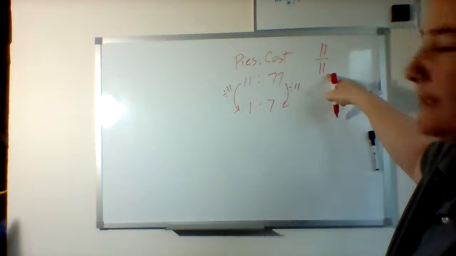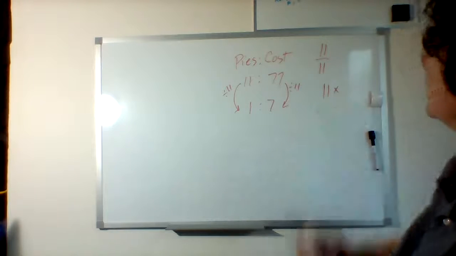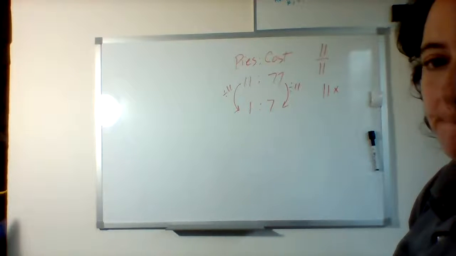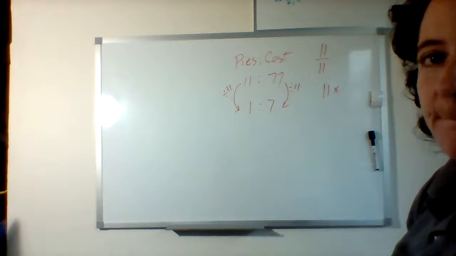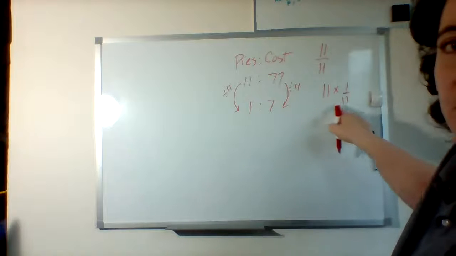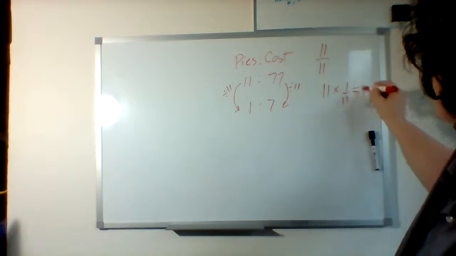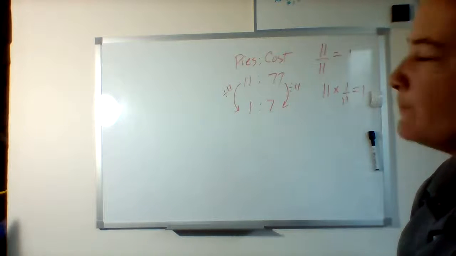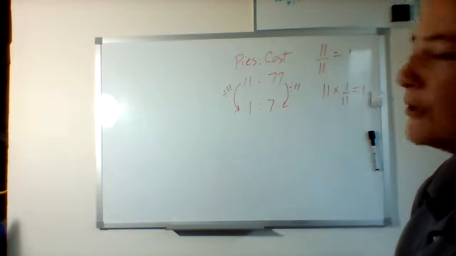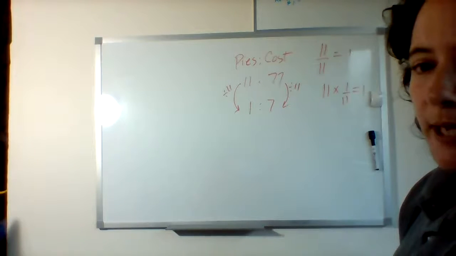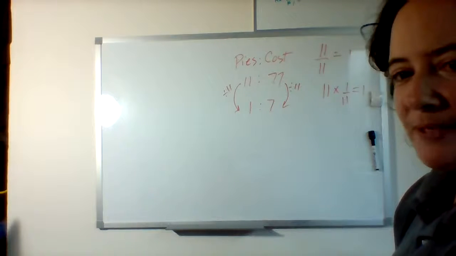Dividing by 11 is the same as multiplying by 1 over 11, right? Because if you multiply those two together, you still get 1. So if I was explaining it, I can say that the numerical factor here was 1 over 11. Okay?